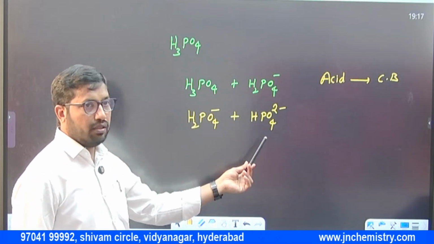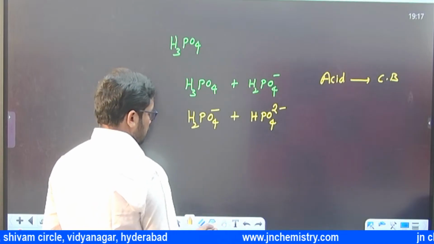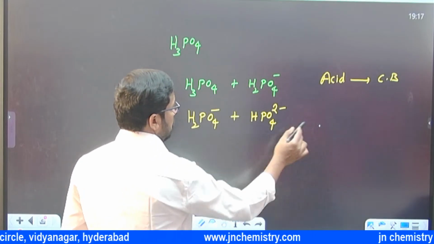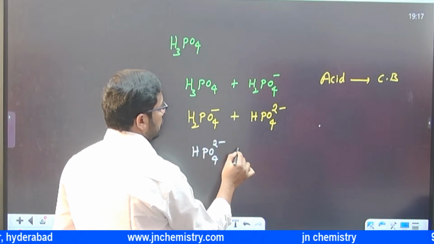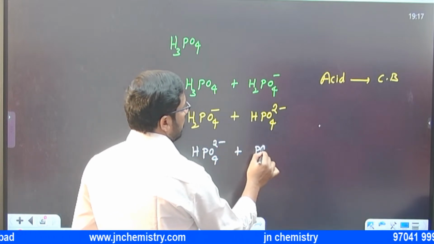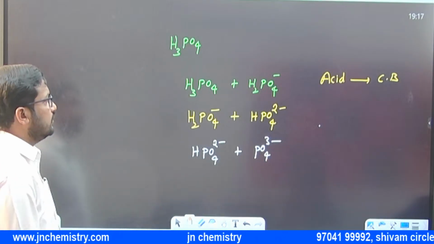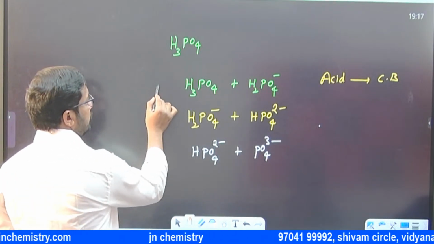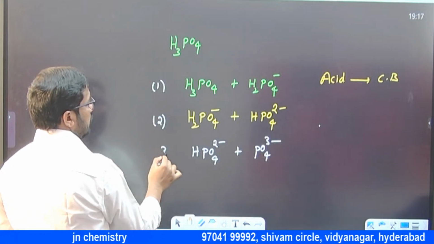Here to here. One more also is coming, right? HPO4 2 minus plus PO4 3 minus. So three buffer solutions we get from these.